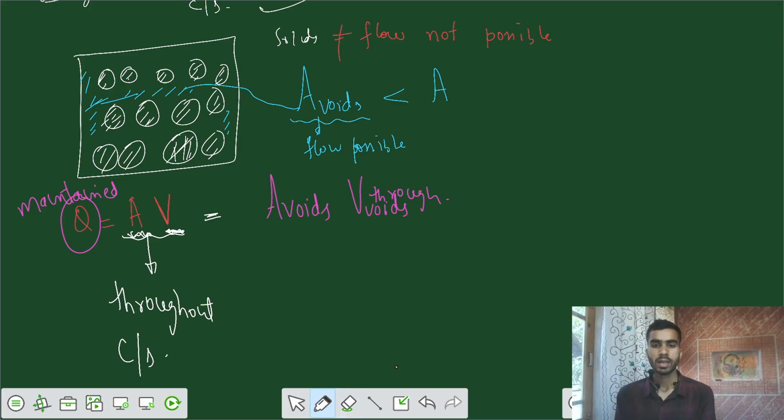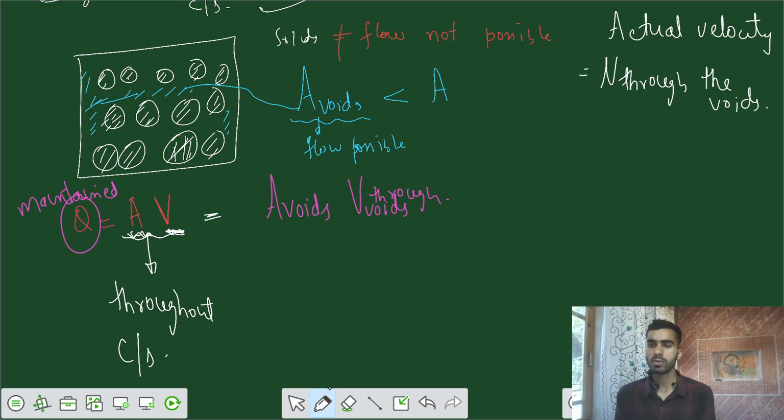Can we say that? Based on that, your actual velocity in the soil mass would be the velocity through the voids, and that we call seepage velocity, through which water is going to seep.